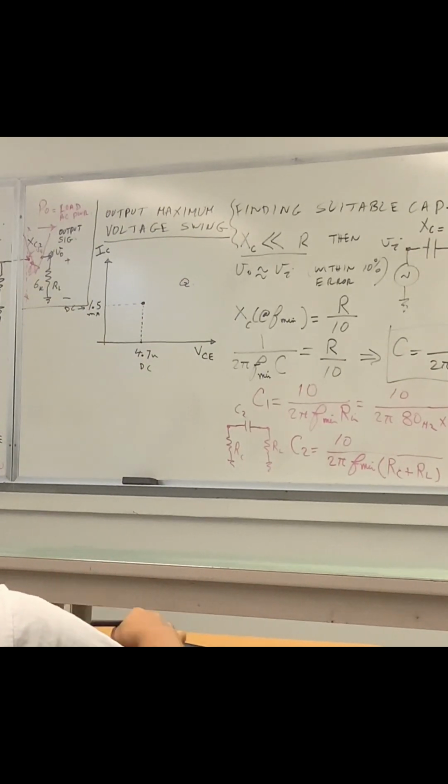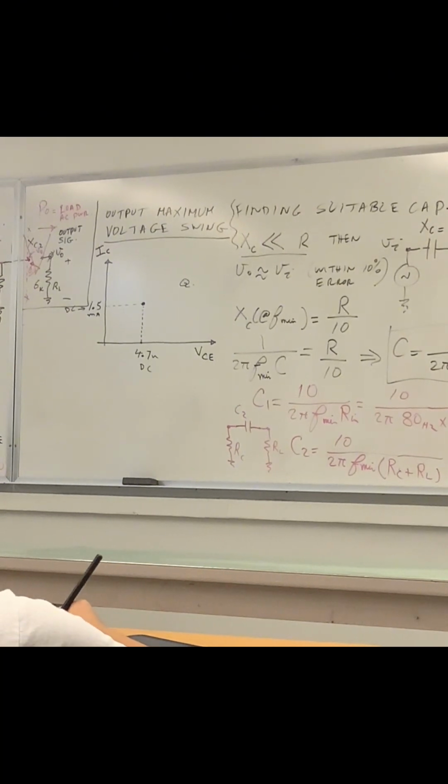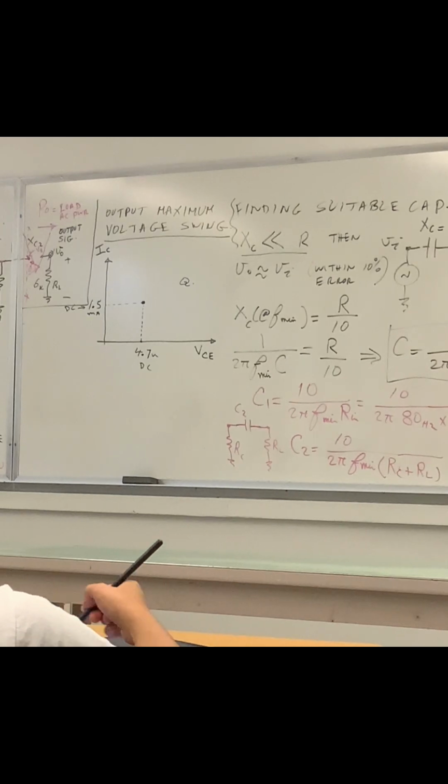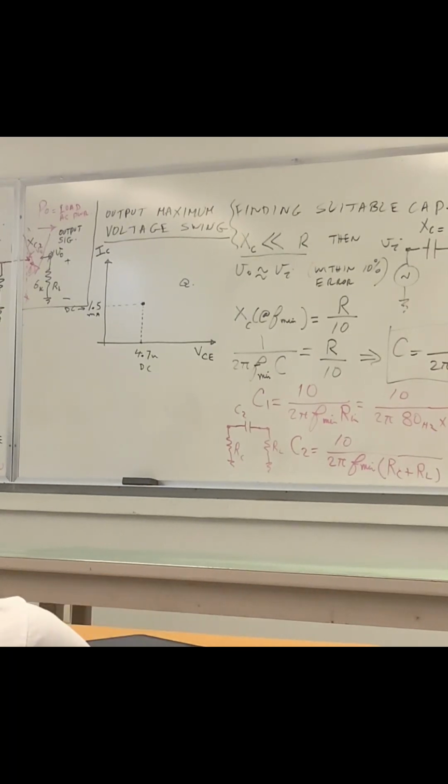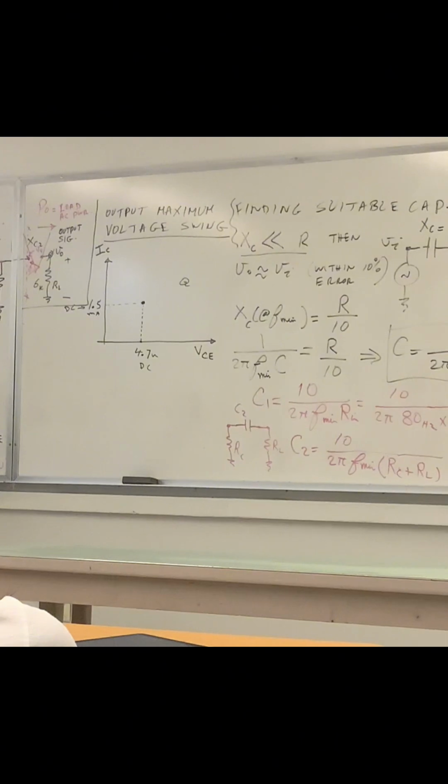Okay. Do you remember that your EC 2200 started with a DC load line? You had an RC in here, and you had a VCE without the capacitor, without anything. You had a DC load line.